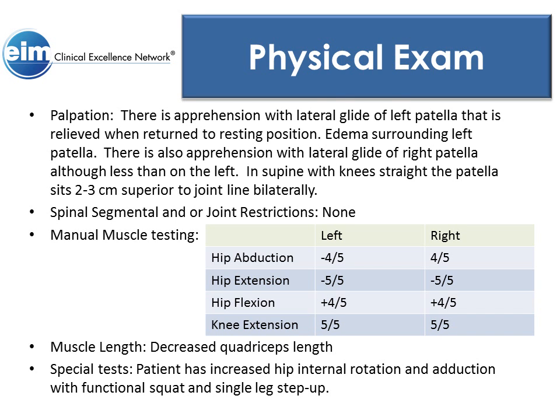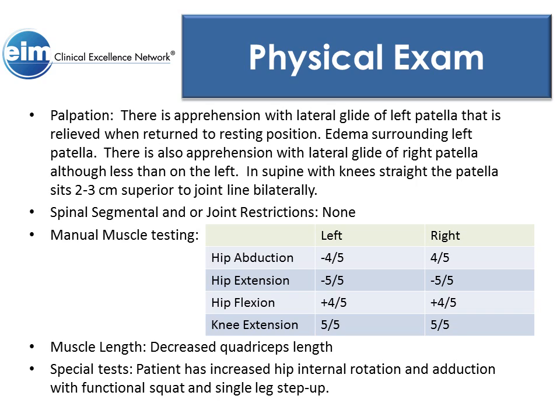With palpation, there was some apprehension with the lateral glide at left patella, and that was quickly relieved when returning the patella to the resting position. There was edema surrounding the left patella, and the left patella was almost floating, and there's also apprehension with the lateral glide of right patella, although it is less than on the left.